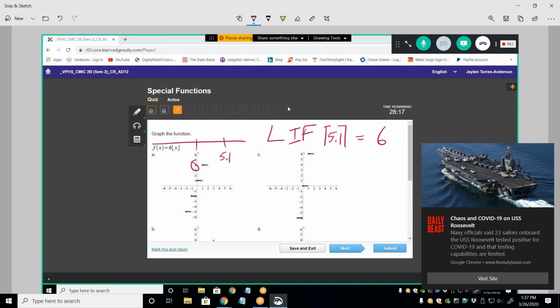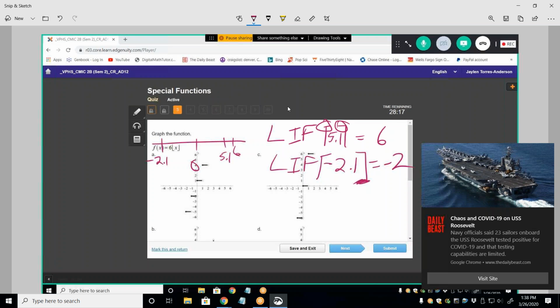Well, the next integer over is 6. And if I had a negative 2.1, the least integer function of negative 2.1 is negative 2.